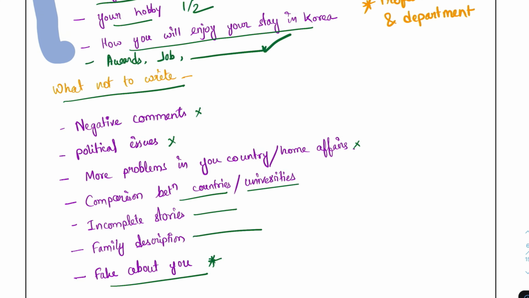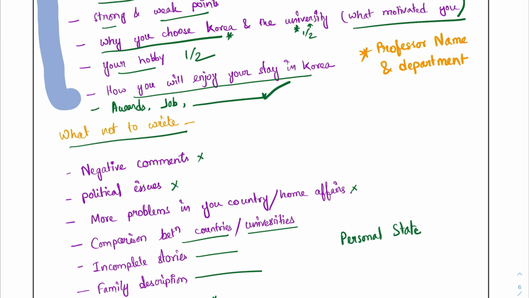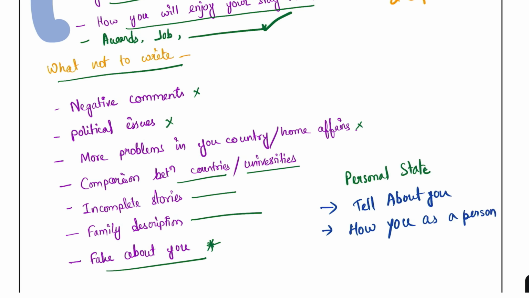Since they will ask you about yourself, you should be very sure about it. The personal statement plays a very important role in your application since you will not be meeting them physically, so it will represent you in front of them. So be sure you tell about yourself only and how you are as a person, behaving normally when you come to Korea.